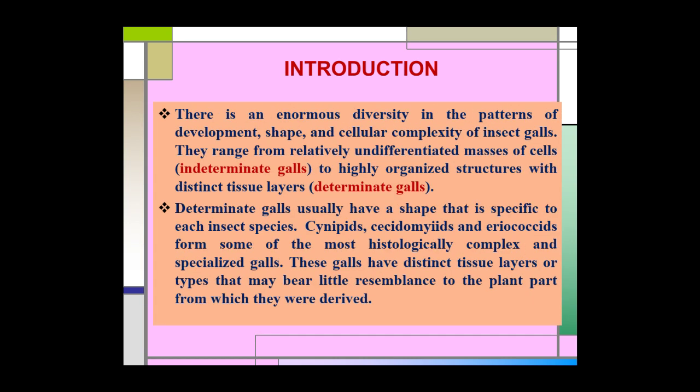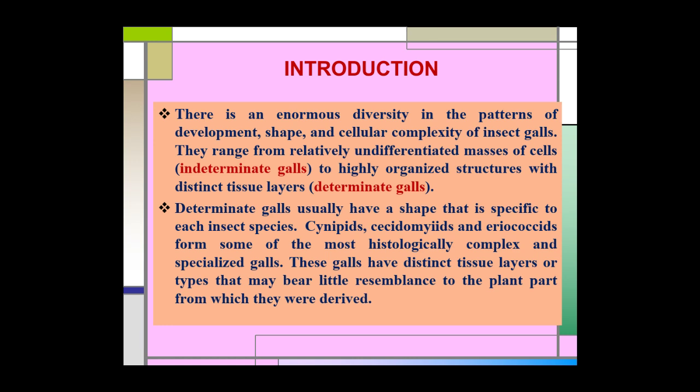There is an enormous diversity in the patterns of development, shape, and cellular complexity of insect galls. They range from relatively undifferentiated masses of cells, that is indeterminate galls, to highly organized structures with distinct tissue layers, meaning determinate galls.